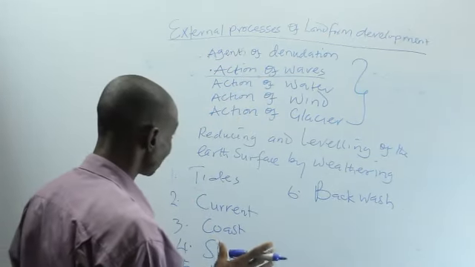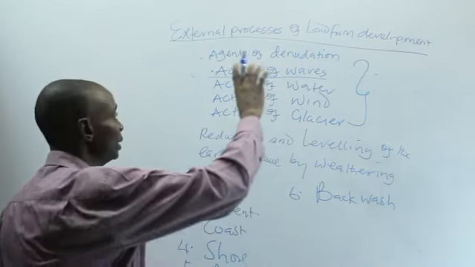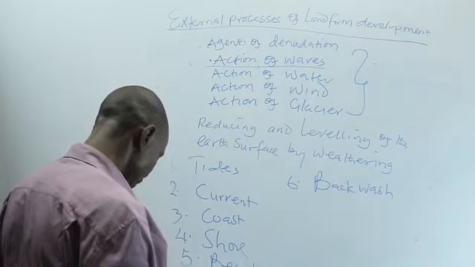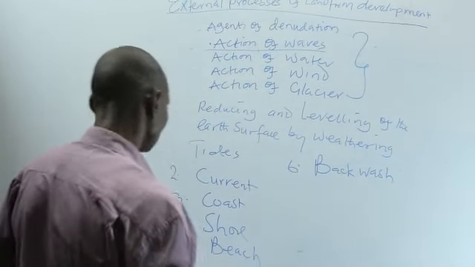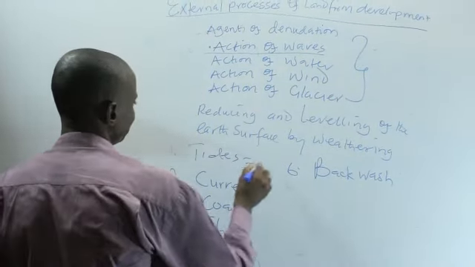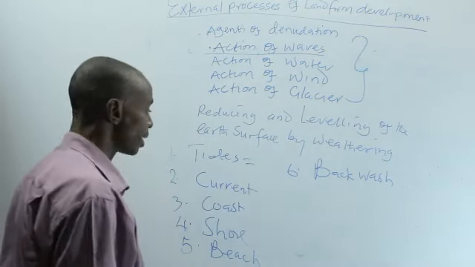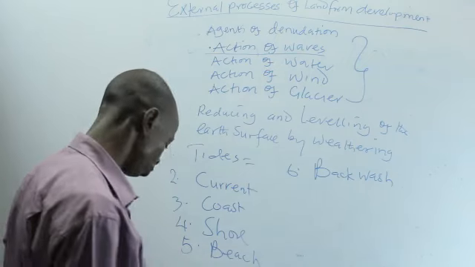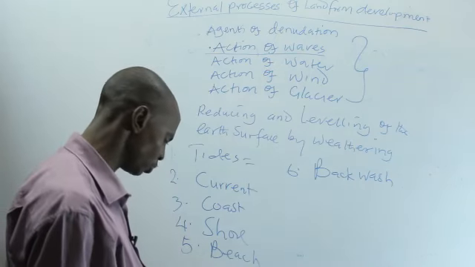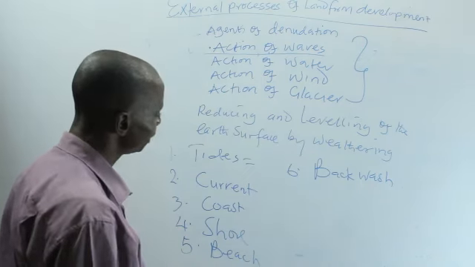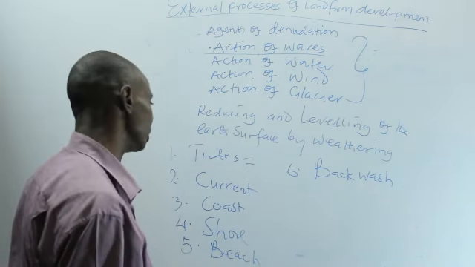When we are talking about action of waves, we are saying that this action is prevalent in a coastal environment. Let's look at tide, for instance. What is the meaning of tide? Tide is the alternate rise and fall of the surface of the sea, approximately 2 times a day.